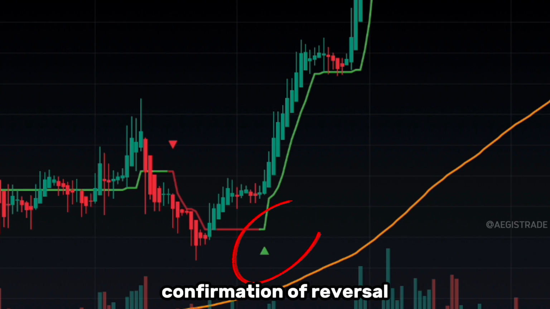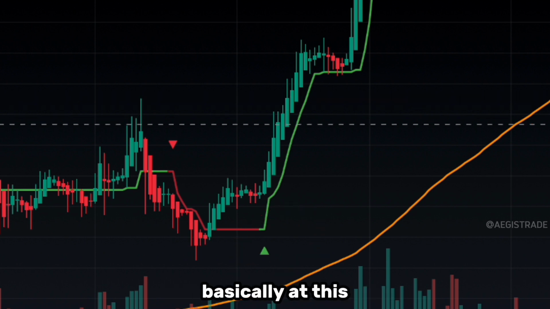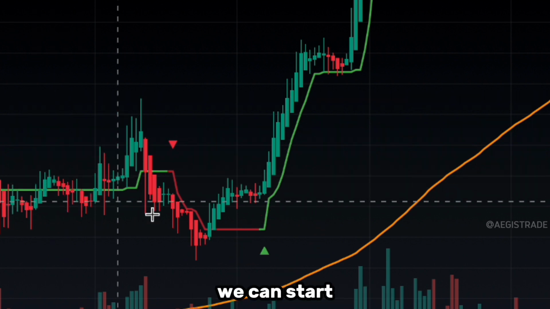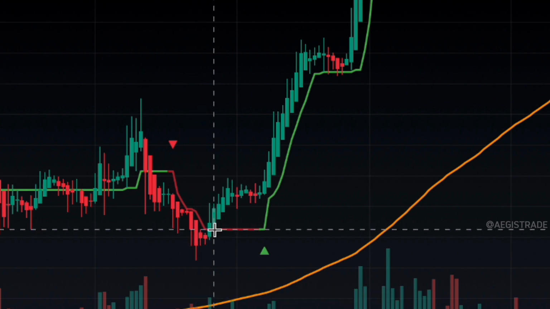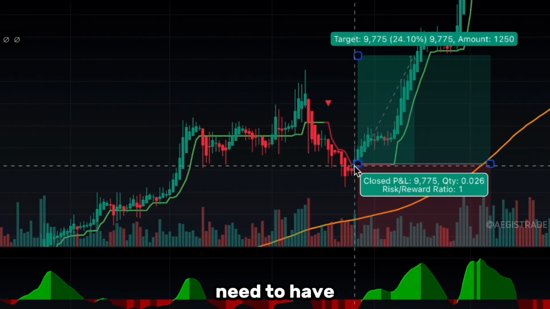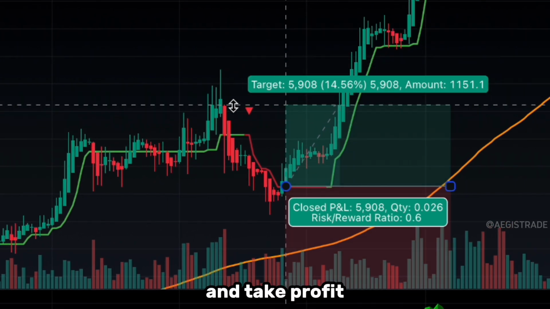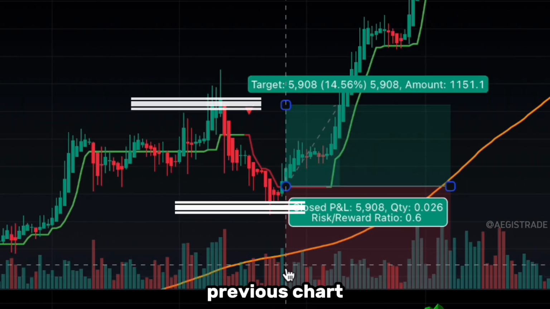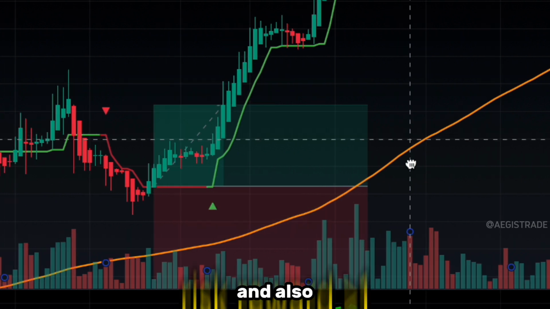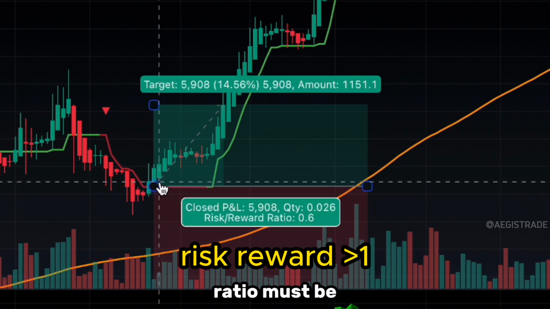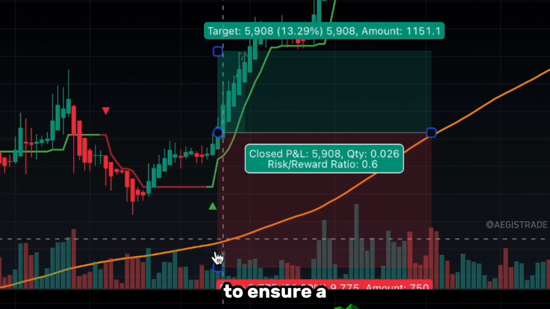At this scenario, we can start to plan our bullish reversal trading position. The trading position needs a suitable cut loss and take profit point based on previous chart intermediate support and resistance. And also, the risk-reward ratio must definitely be more than 1 to ensure a reward-biased trade.